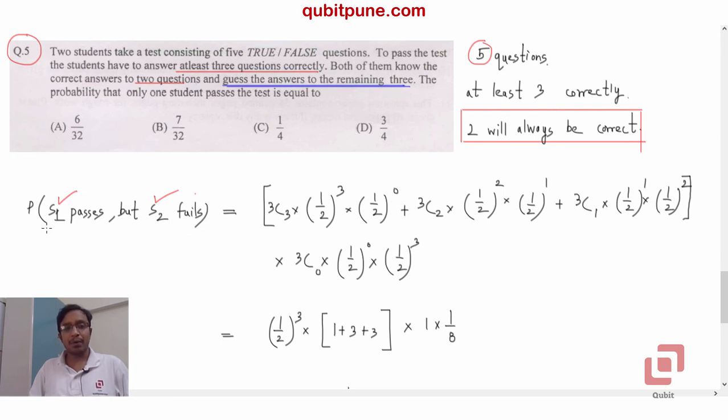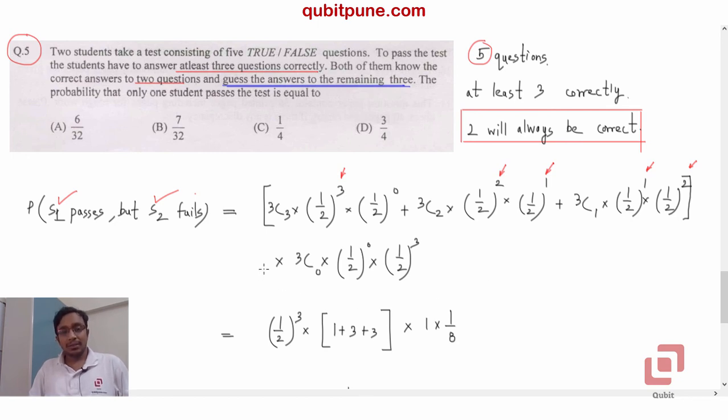Now the 3 possibilities under which S1 can pass: he will answer all 3 correctly, or he will answer 2 of them correctly and mark the last one incorrect, or because at least 3 should be correct, even if he guesses one answer correctly and the other 2 go wrong, that's fine.